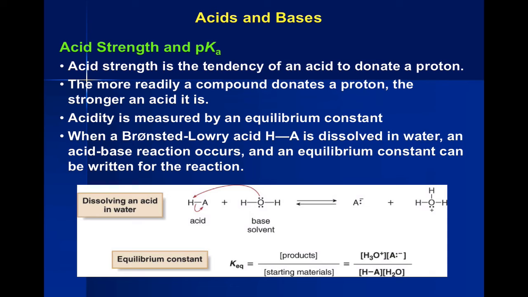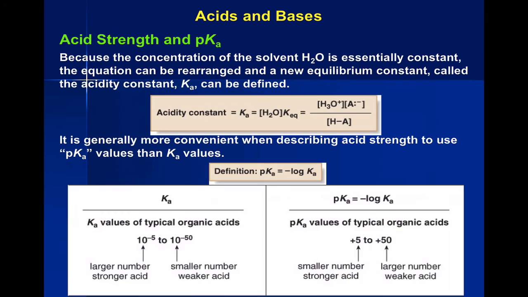So we can pull it out of the equation and call it something else. That something else is Ka. The acidity constant, Ka, is equal to KEQ times the concentration of water, which is equal to H3O plus times A minus over HA, which is the same thing as saying just let it fall out of the equation. But we lied to you mathematically.